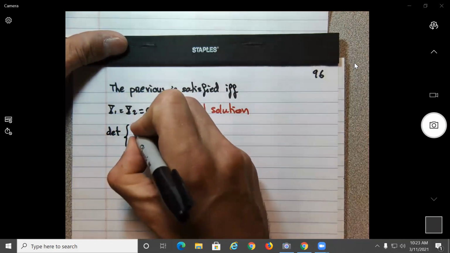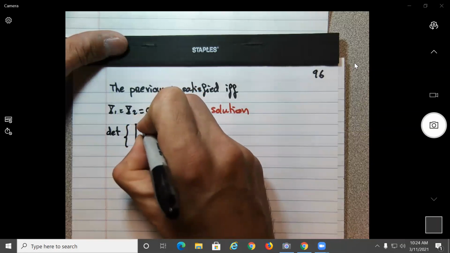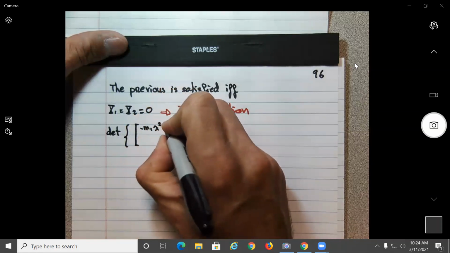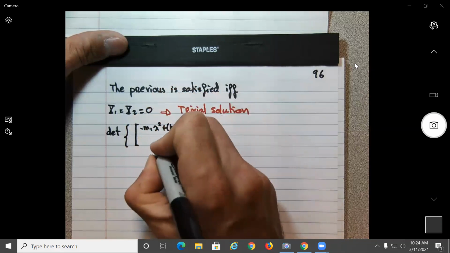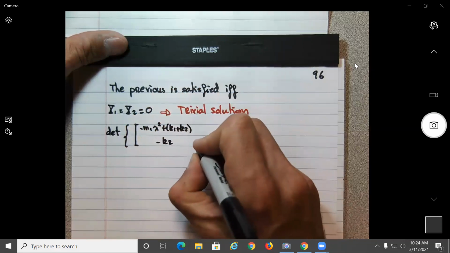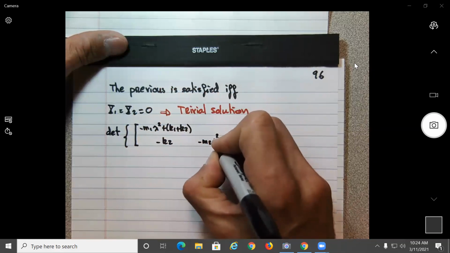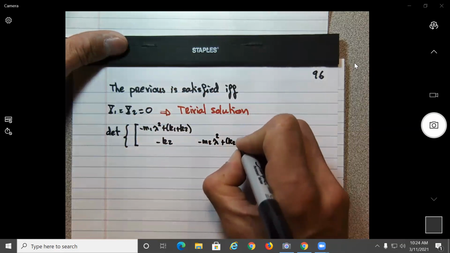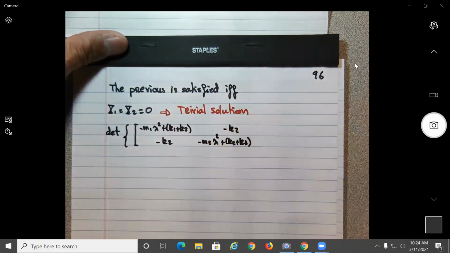of this term over here in brackets, let me write down, minus m1 lambda square plus k1 plus k2, minus k2, minus m2 lambda square plus k2 plus k3, minus k2.